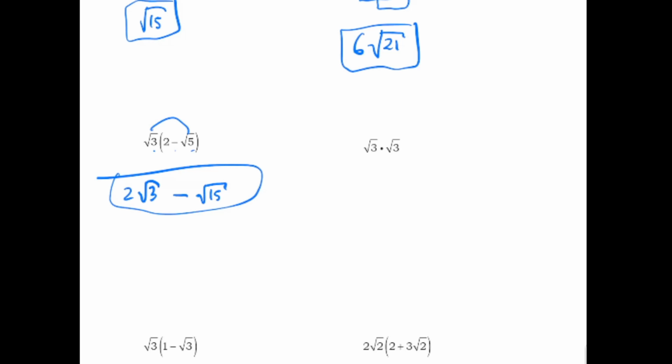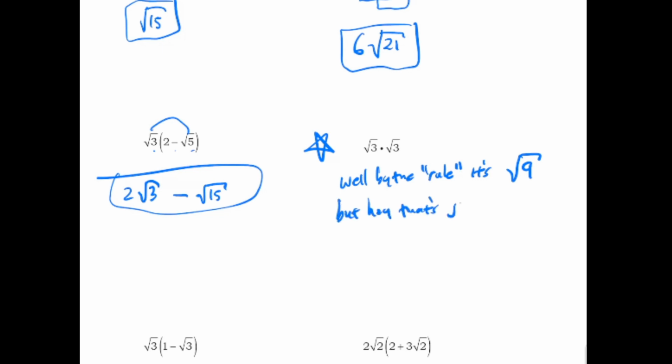Now this one, I'm going to put a flag or a star on it because this comes up a lot. Root 3 times root 3. You could say, well, by the rule that we're using, it would be multiply the 3's together, so you'd have the root 9. But hey, root 9, that's just 3.